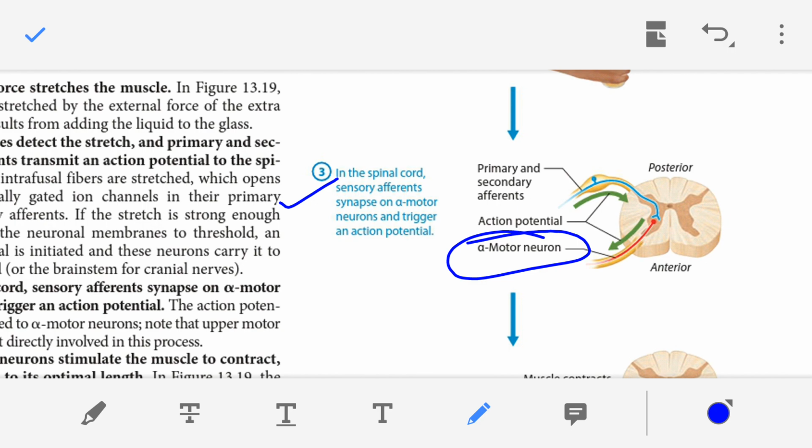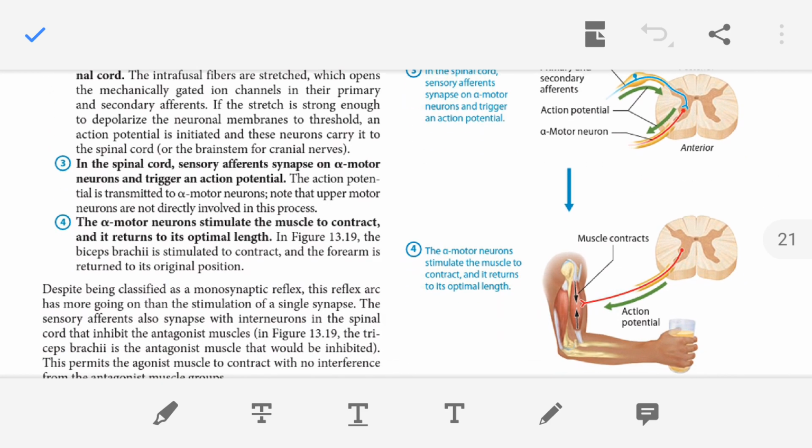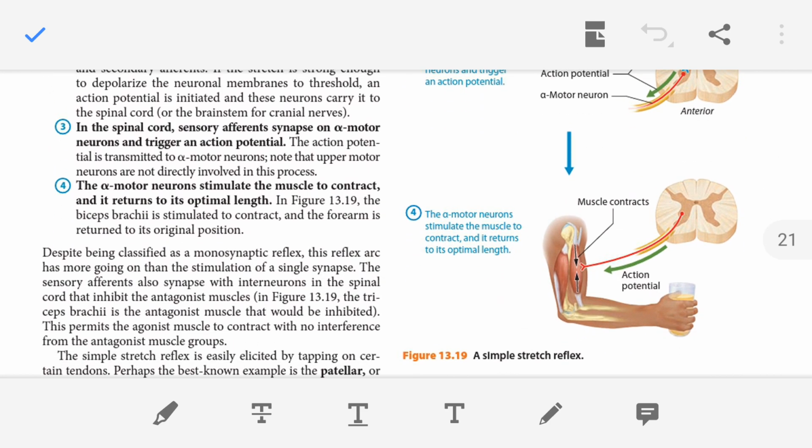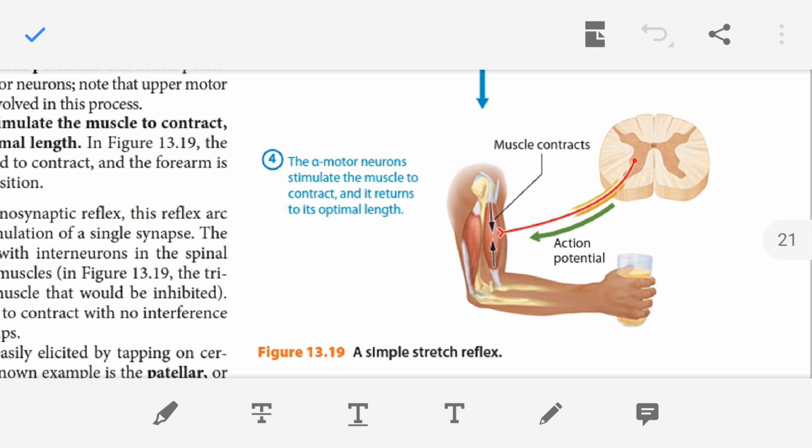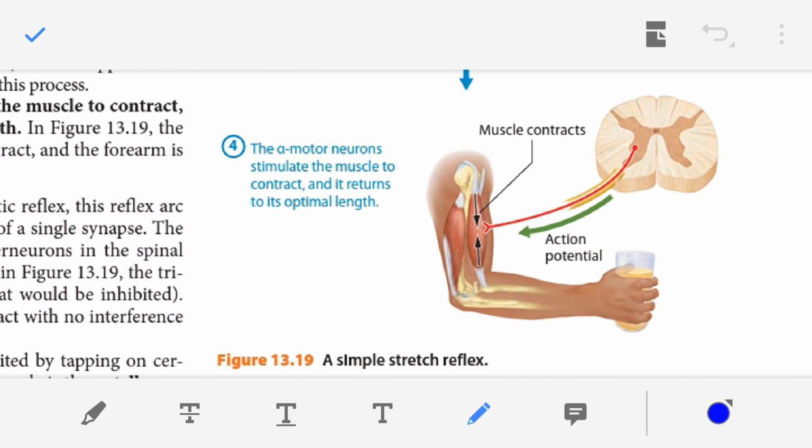Okay, so first the action potential came in, and now the action potential is propagating outside through the alpha motor neuron. The alpha motor neuron is sending the action potential to your bicep muscle, and now your bicep muscle is contracting.